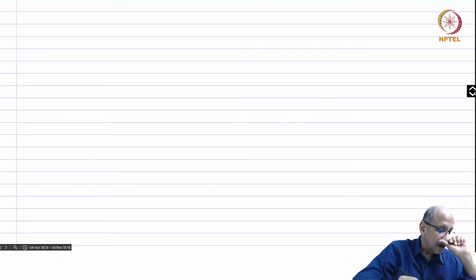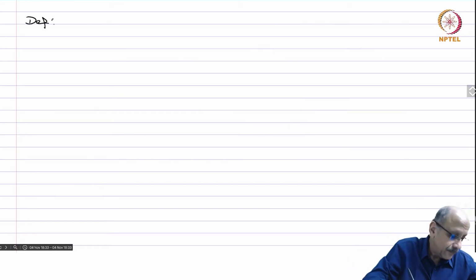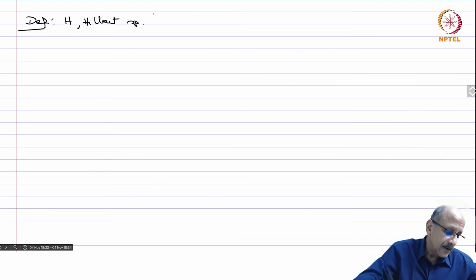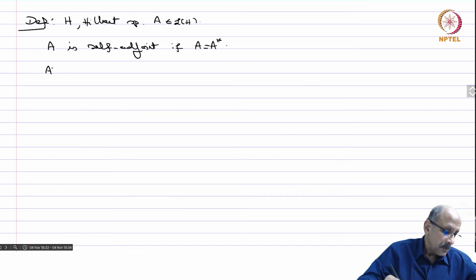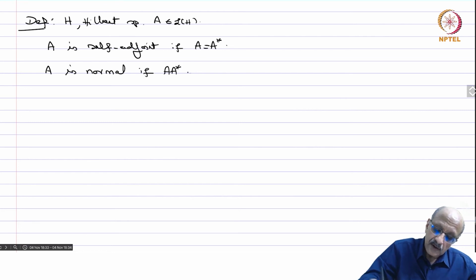So now some terminology, so definition. H Hilbert space and A in L of H. A is self-adjoint if A equals A star. A is normal if A star A equals A A star.